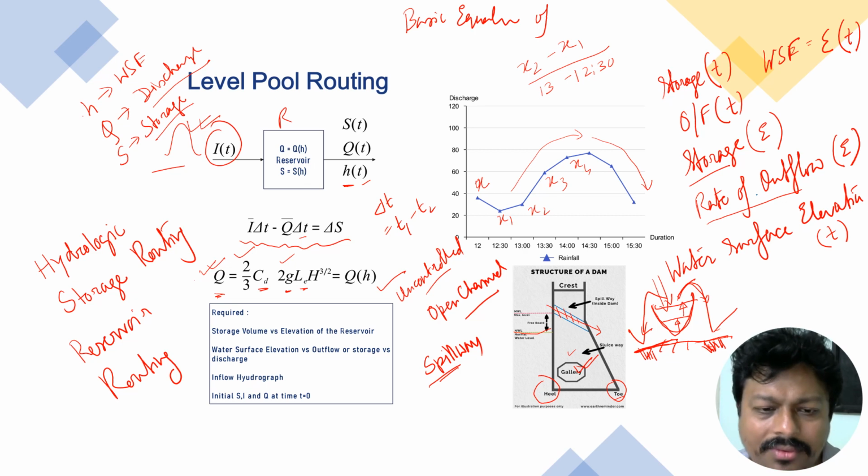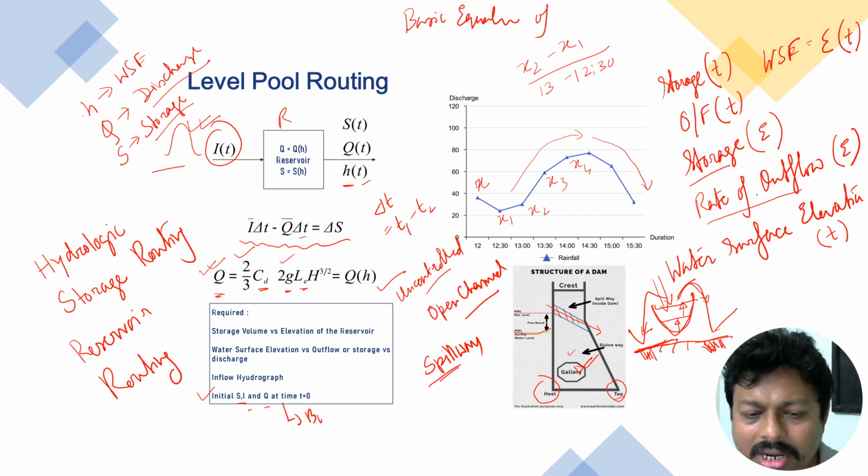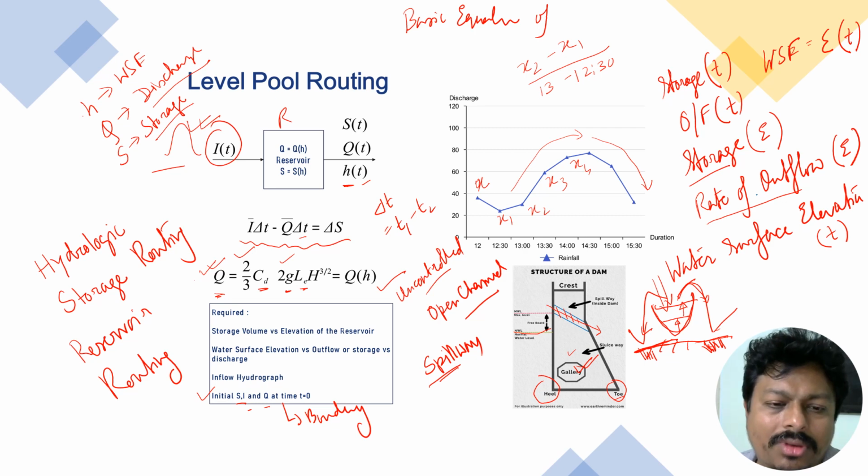Along with that, you must have the initial values of the storage in the dam, the inflow that is taking place, and of course the outflow at time t equal to 0, the initial time of the study, because these are the main boundary conditions, right? So you are giving the initial values of storage and Q at the required time t equal to 0. You will also require this inflow hydrograph.